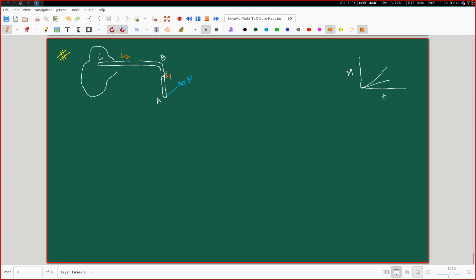First I will take a cut section somewhere within this AB, like this, and I'll separate that out. This is P. Now my moment. You see, I'm trying to draw this in a three-dimensional kind of thing.